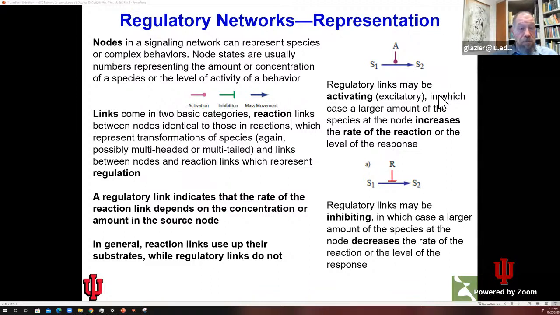And that's the key difference between a regulatory and a transformational arrow. And it's important when you're writing equations or interpreting equations to remember that difference. And one of the places that it's easiest to get confused or to make a mistake in interpretation is to turn a transformational arrow into a regulatory arrow or vice versa.